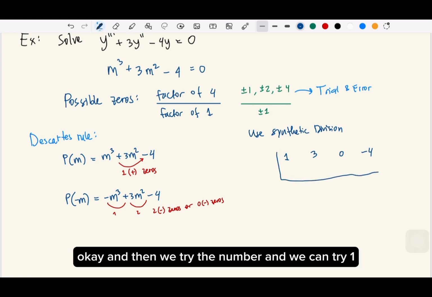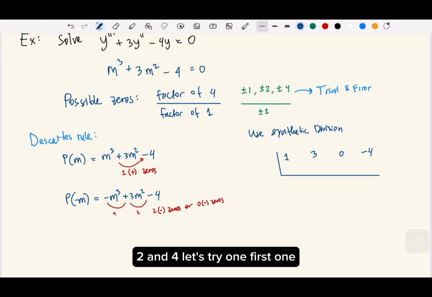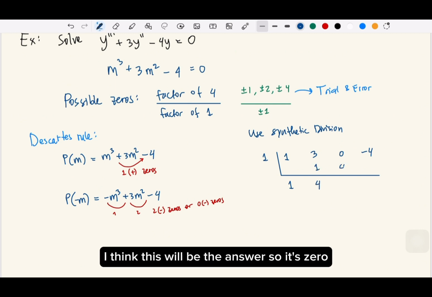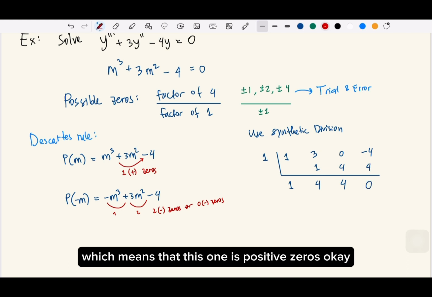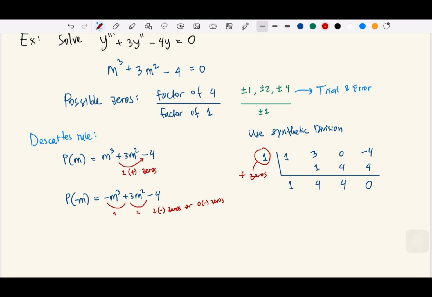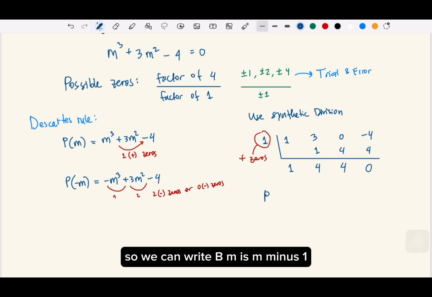And then we try the number. Okay, we can try 1, 2, and 4. Let's try 1 first, okay? So this will be 1, and then 4. I think this will be the answer. So it's 0, which means that this one is a positive zero. Okay. So we can write P(m) is m minus 1.